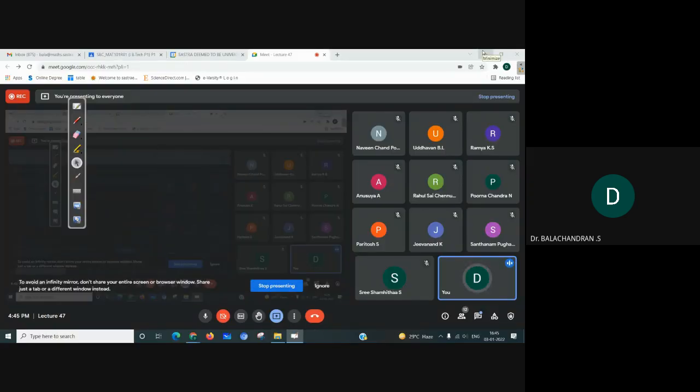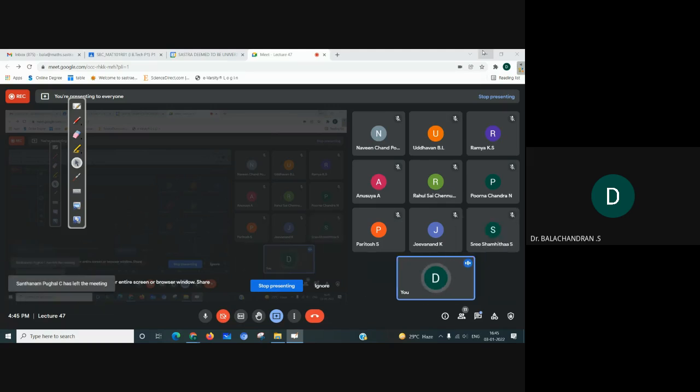We will solve some more problems tomorrow in the exponential series. For the second test, I think you are preparing, so concentrate. I already told you the diagonalization part is very important: diagonalization by similarity transformation and orthogonal transformation.